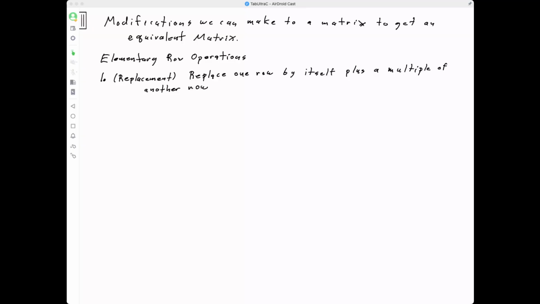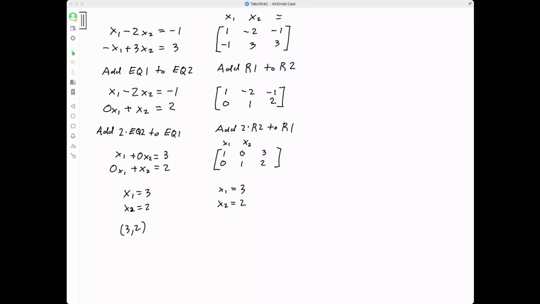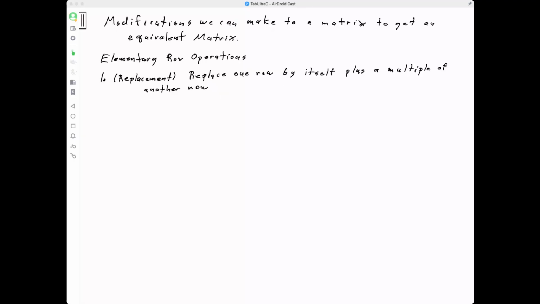And so the first thing we did was we replaced row 2 by itself plus 1 times the first row. The second thing we did was we replaced row 1 by itself plus 2 times the second row. So that's one of the things we can do.